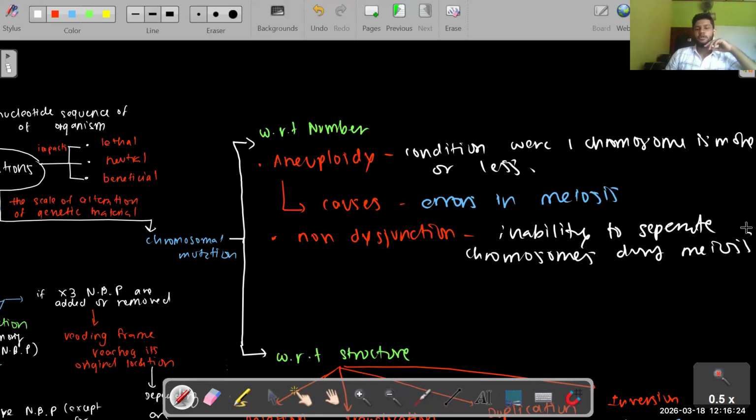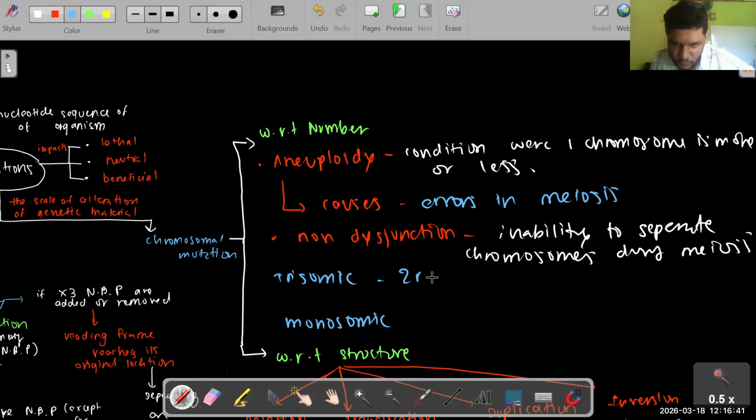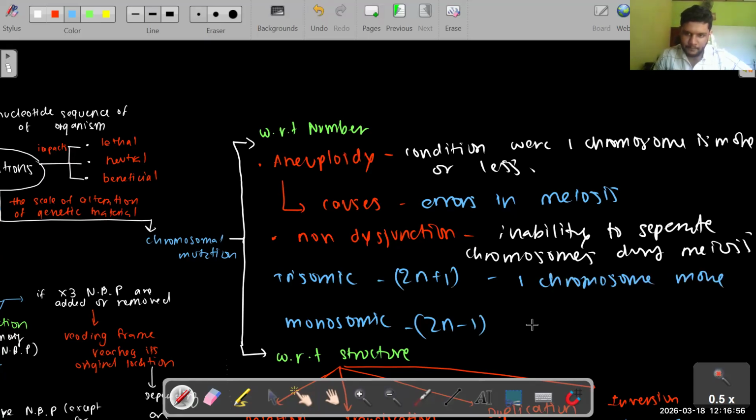And then we studied trisomy and monosomic conditions, right? Let's include that also. What are they? Trisomy, monosomic. Simply, trisomic means 2n plus 1. Simply, monosomic means 2n minus 1. Right? Which means one chromosome more, one chromosome less.